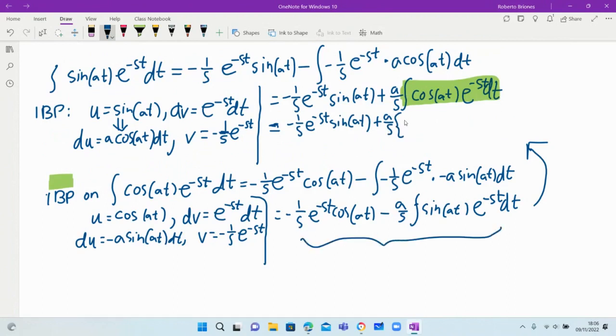So this becomes negative 1 over s times e to the negative st cosine at minus a over s times integral of sine at e to the negative st dt, and then I close the parenthetical expression.